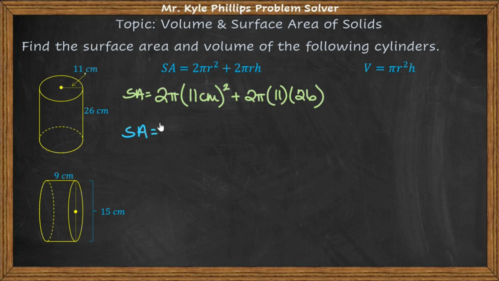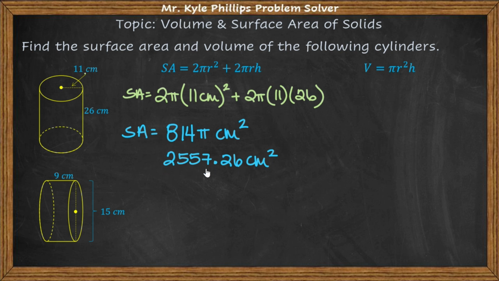So here I will type this in on my calculator, and my answer is going to be 814 pi, and this will be squared centimeters. Now, if your teacher wants you to round to the nearest hundredth, we can write this as a decimal, and that would be 2,557.26 squared centimeters. And that would be my surface area.